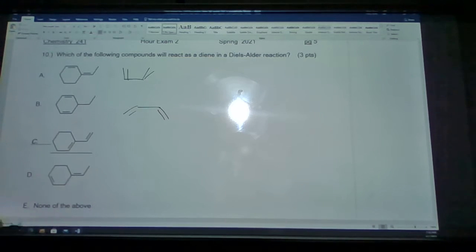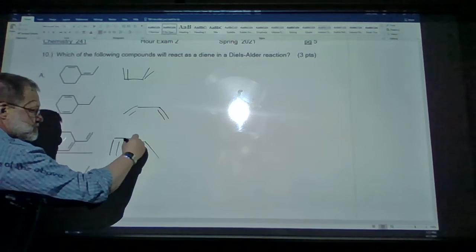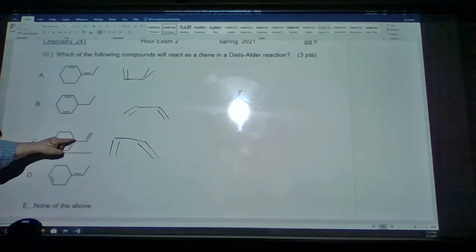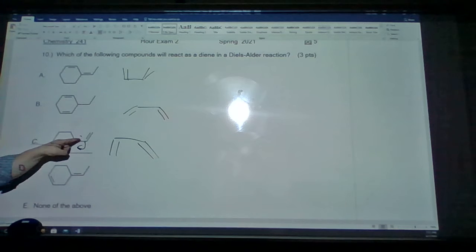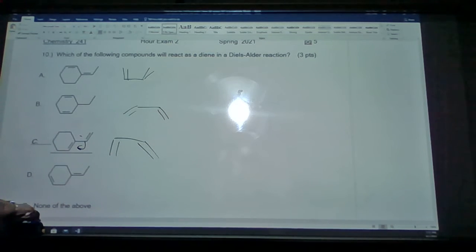So D, it can't happen. Here in C, we have this bond down, but this is a carbon-carbon single bond. This carbon can rotate, the double bond can get into this position, so C can undergo a Diels-Alder reaction.